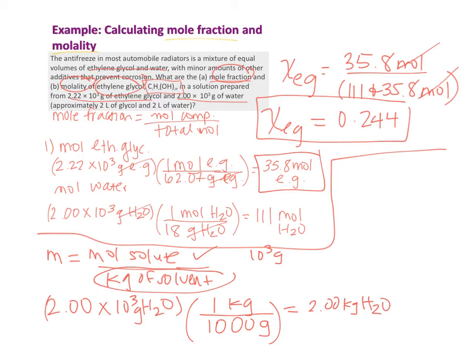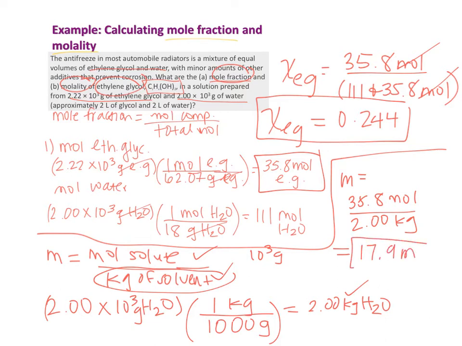So now we're basically ready to calculate the molality because now we have the kilogram of solvent also. So to calculate the molality, we're just going to plug and chug: 35.8 mole divided by 2 kilogram of H2O. So whenever we divide this out, you should get 17.9 molality. So we figured out both the mole fraction and the molality for ethylene glycol in this solution.